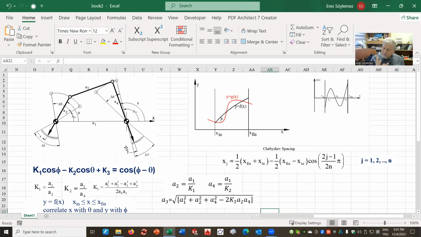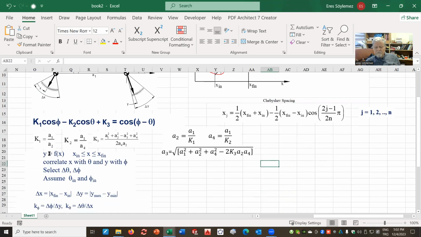In this case, you have three parameters, notice, K1, K2, K3, or the ratio of the link lengths, three parameters. However, you can select theta initial and phi initial if you like. If you are going to generate a function y is equal to f of x, in between x initial and x final, you have a certain delta x value.